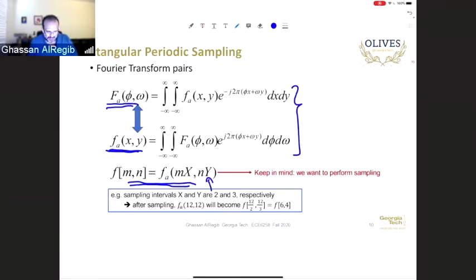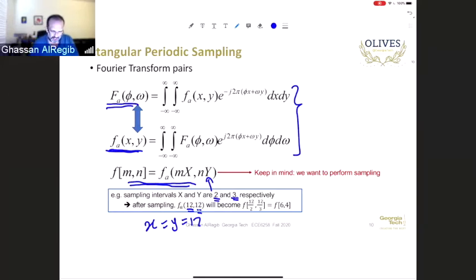So for example, imagine that capital X is 2 and capital Y is 3. Then if we look at the value of our signal f a at 12 and 12, you can think of this as small x equal to small y equal to 12, one point in the continuous two-dimensional plane.